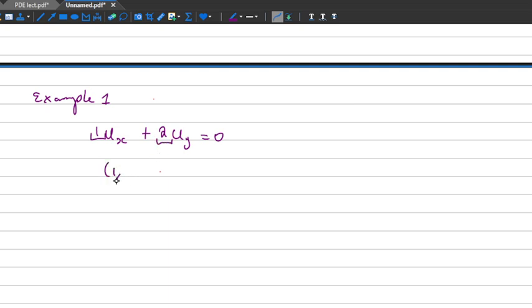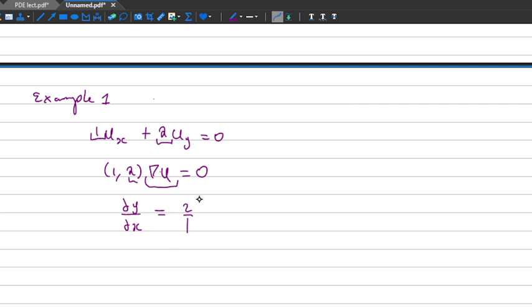So we can write (1, 2) times nabla of u equal to 0, and indeed when we distribute, we get this. Now the change in u has x and y, so we can say dy over dx equals the y component, which is 2, over the x component, which is 1.